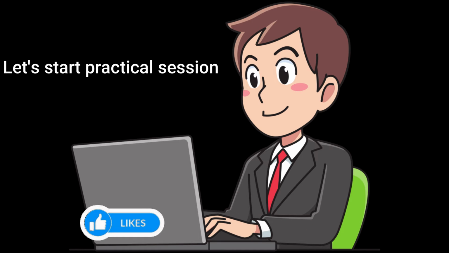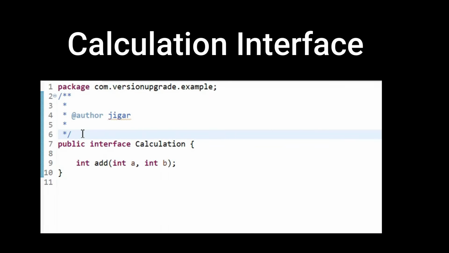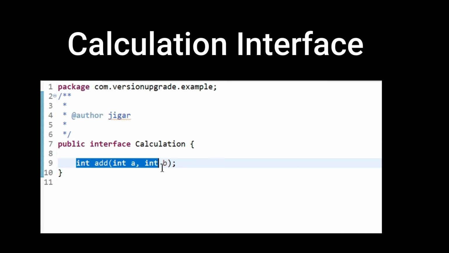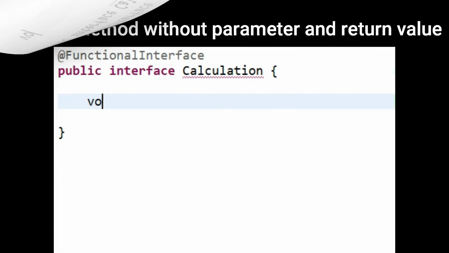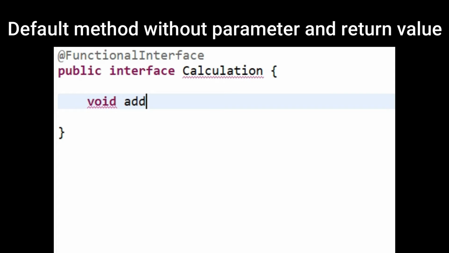In this example, what exactly are we going to do? We are creating one functional interface called Calculation, and this Calculation has only one method, add, used to help us calculate the amount. We are going to do three things.